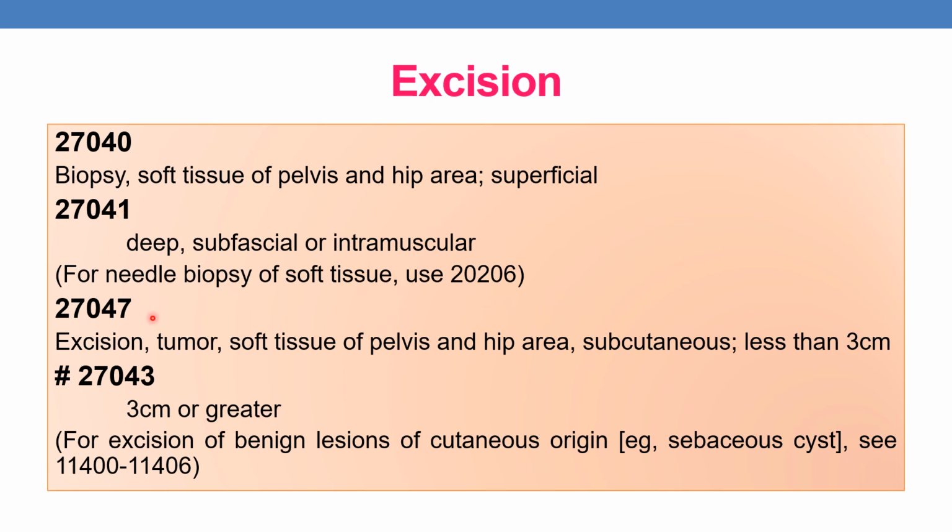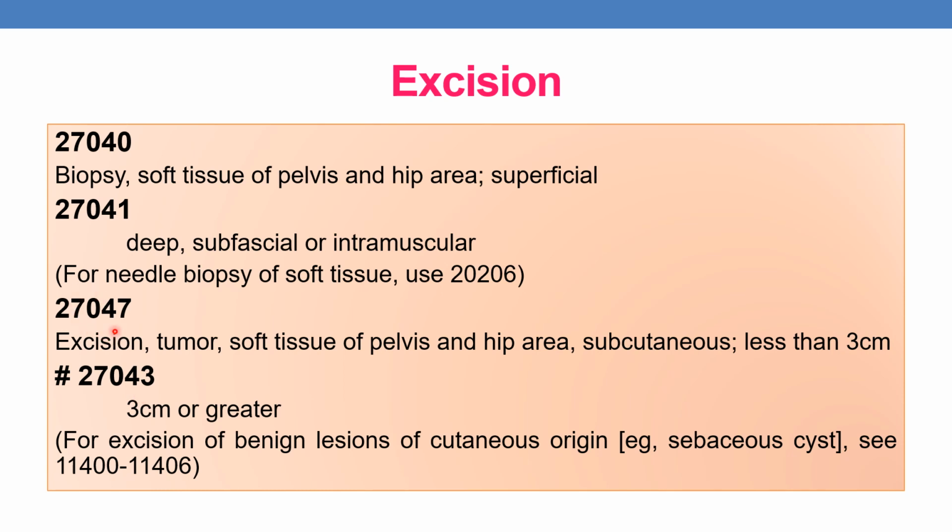The next CPT is 27047. Excision, tumor, soft tissue of pelvis and hip area, subcutaneous. Tumor must be subcutaneous and less than 3 centimeters. If it is greater than 3 centimeters, you need to report 27043.